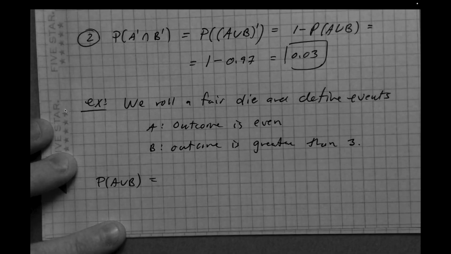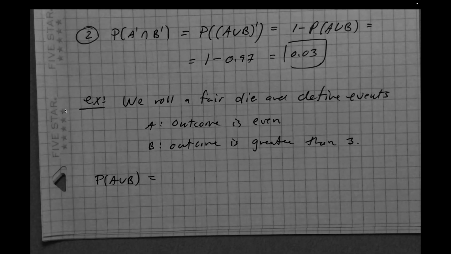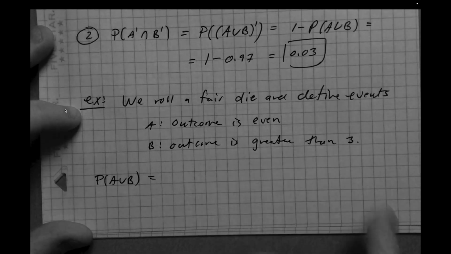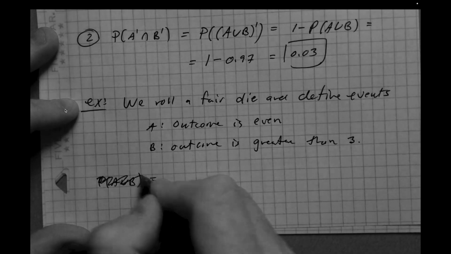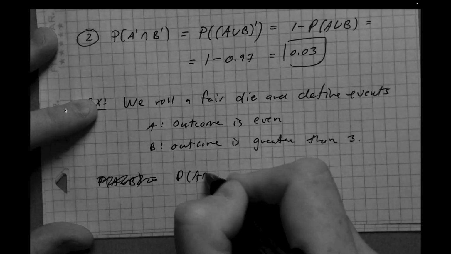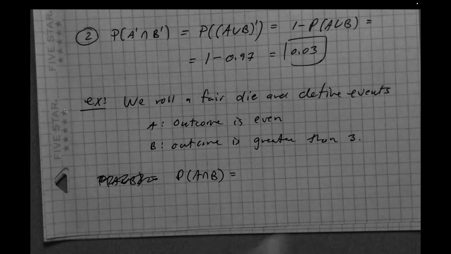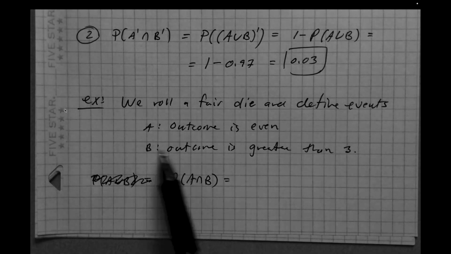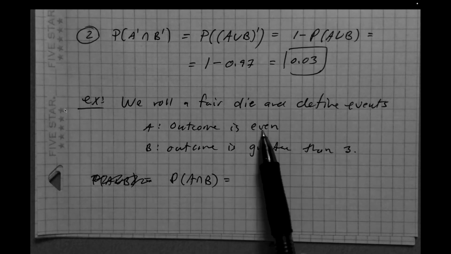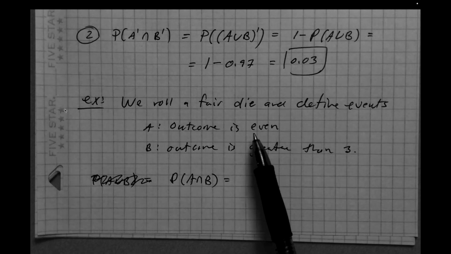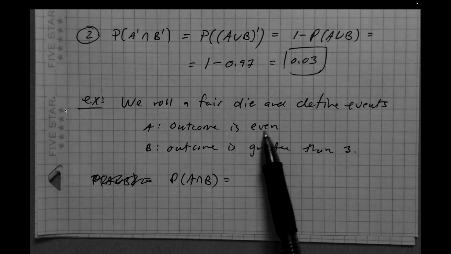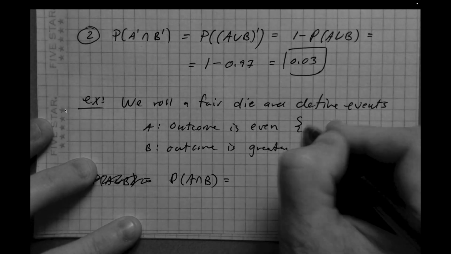Well, again, we could think this through, actually, let's do the intersection first. Probability of A and B. Well, this one is straightforward. You just have to think about what the events are. A is the outcome is even, i.e. it's 2, 4, or 6.